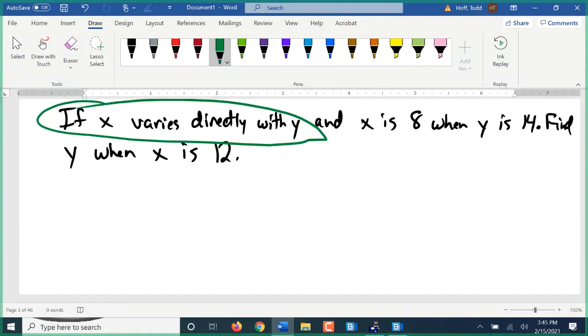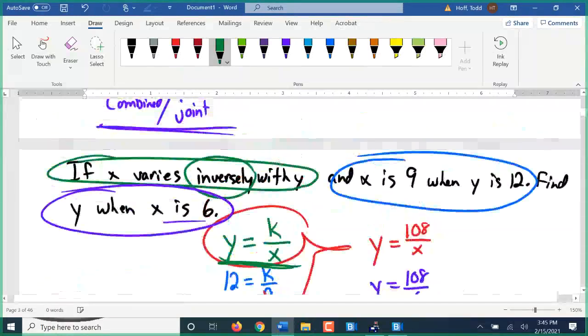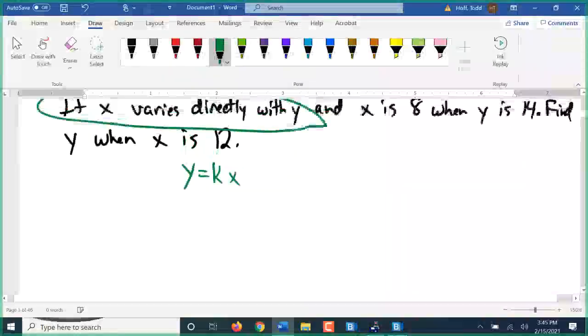Once again, first piece of information. If x varies directly with y, what does that mean? They both go up or they both go down. So the form of that is y equals k times x. When it was inversely, it was k divided by x. Directly is k times x.